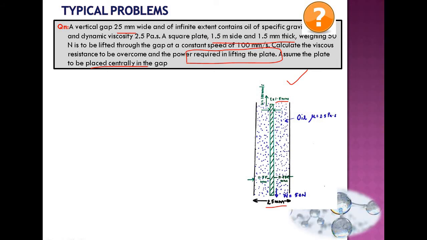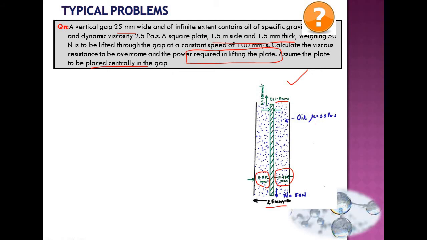If the plate is placed centrally, 23.5 by 2 is 11.75 here, and 11.75 on the other side of the plate. So you consider two sections, one section between the plate and the left side wall and another section between the plate and the right side wall.